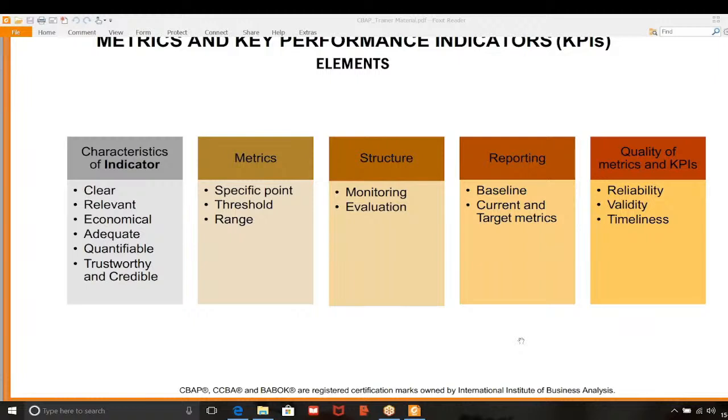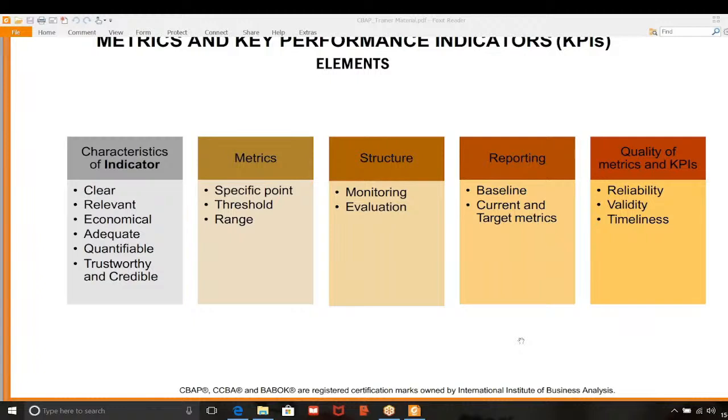Reporting could be baseline reporting, current and target metrics. Baseline reporting is what will work as your baseline. It should not go below that. And then it could be current and target metrics, which means currently you are here and you have to reach there. Where you are currently will show against the target metric.